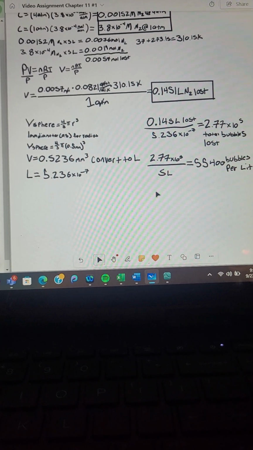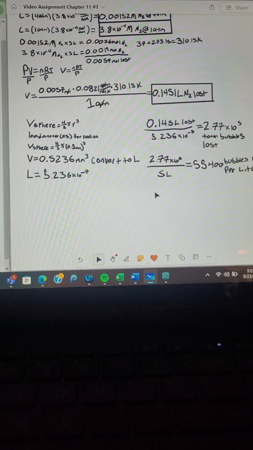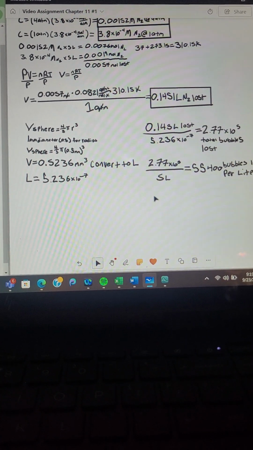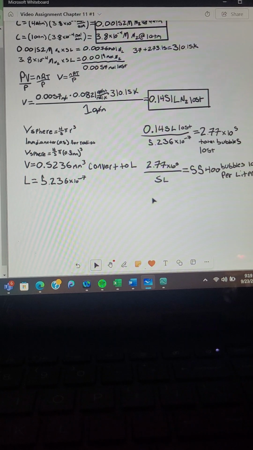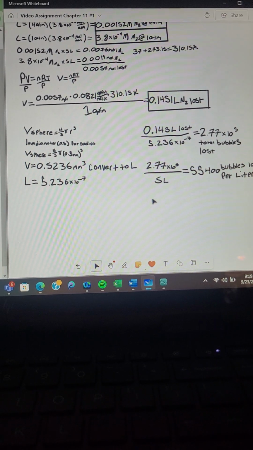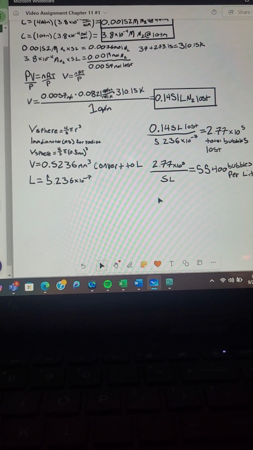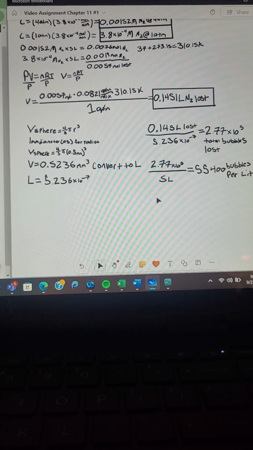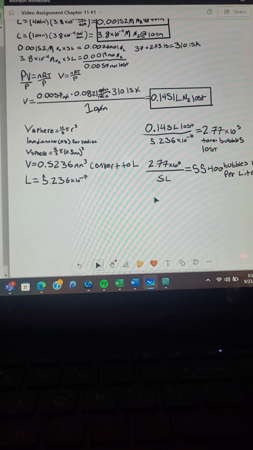Now, in order to get that into bubbles lost, we need to divide 0.145 liters lost by the volume of a sphere. That gets us 2.77 times 10 to the 5th total bubbles lost.